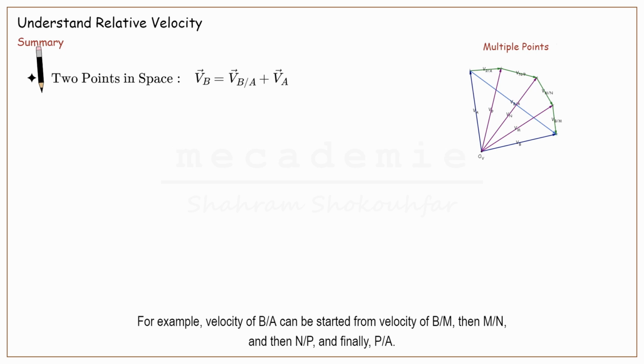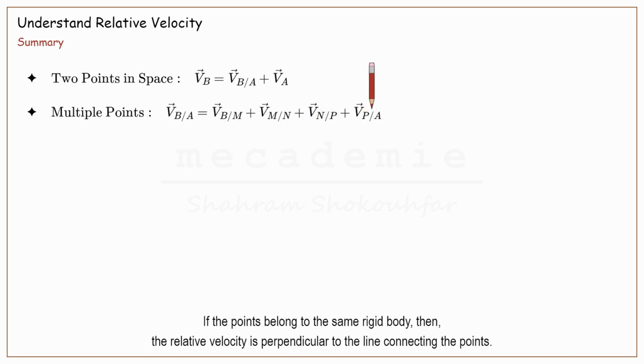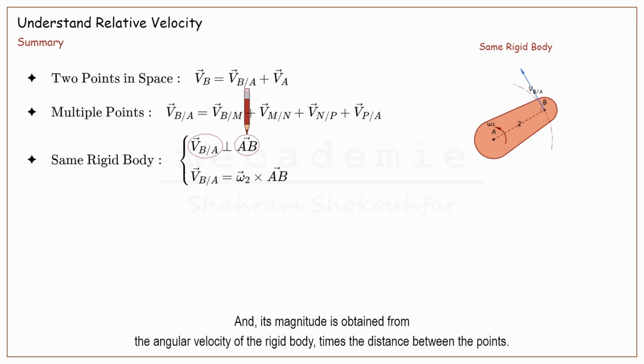For example, velocity of B with respect to A can be started from velocity of B with respect to M, then M with respect to N, and then N with respect to P, and finally P with respect to A. If the points belong to the same rigid body, then the relative velocity is perpendicular to the line connecting the points. And its magnitude is obtained from the angular velocity of the rigid body times the distance between the points.